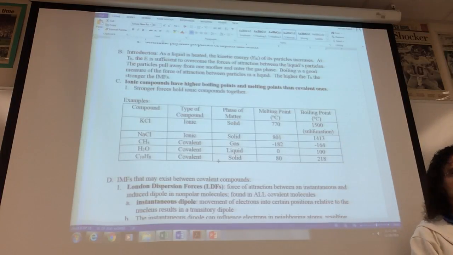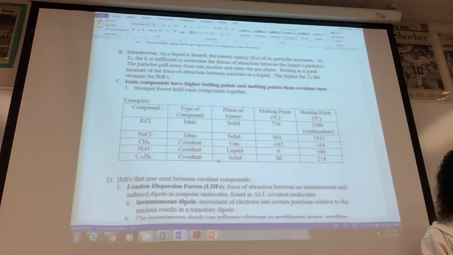So, in B, it has a brief introduction. When you heat a liquid, the particles will move faster, their kinetic energy will increase. When they move fast enough to break these intermolecular attractions, the substance then can undergo a change in state from liquid to gas. The substance will boil.